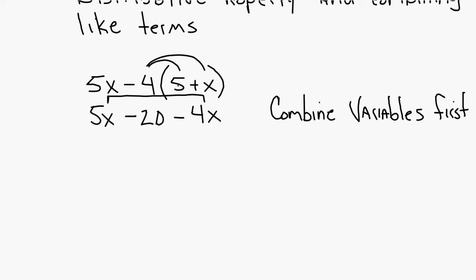So in the calculator, it's just 5 minus 4. So what's 5x minus 4x equal to? 1x, right? Yes. But you don't write the 1 in front of the x. So it's just x minus 20. You always want the variable or the number with the variable to go first in your answer.